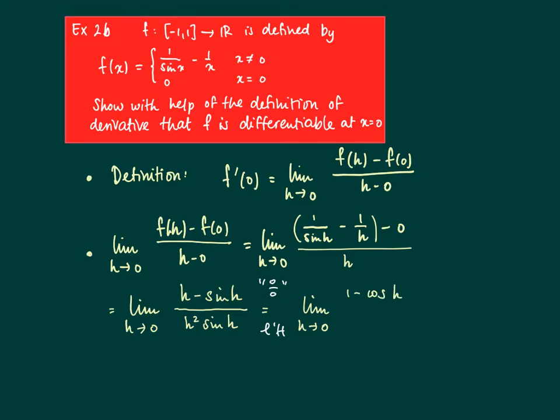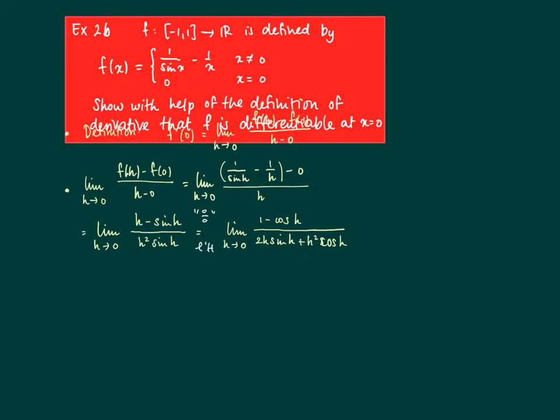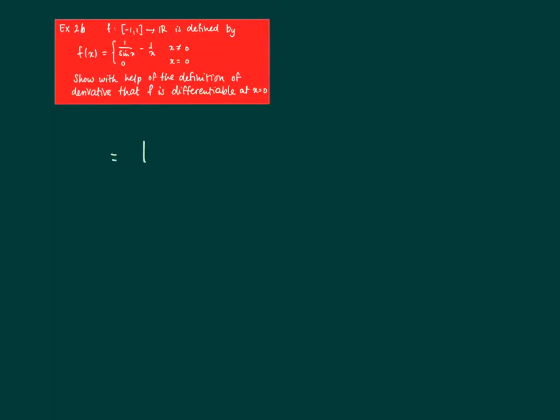So we get a limit of h to 0 of the derivative of the numerator, which is 1 minus the cosine of h, divided by the derivative of the denominator, 2h sine of h plus h squared times the cosine of h. Okay, let's continue.